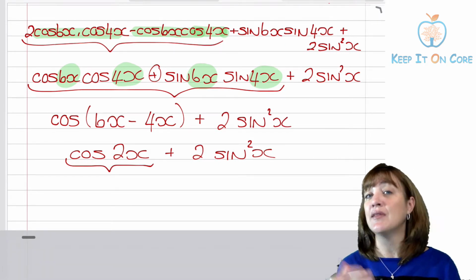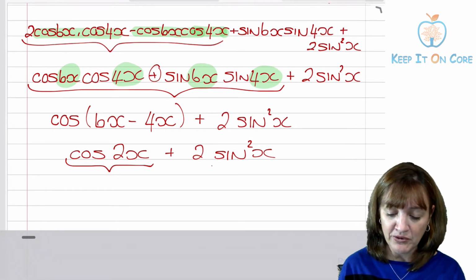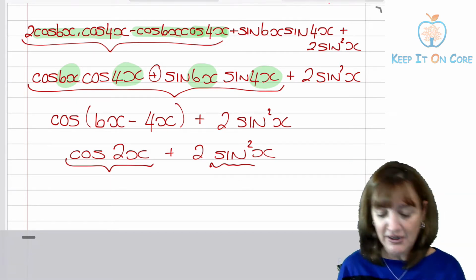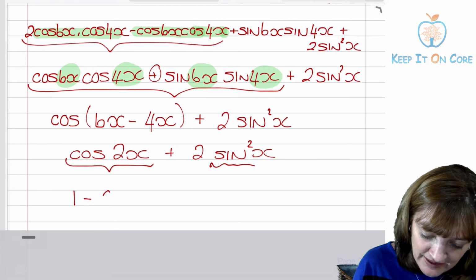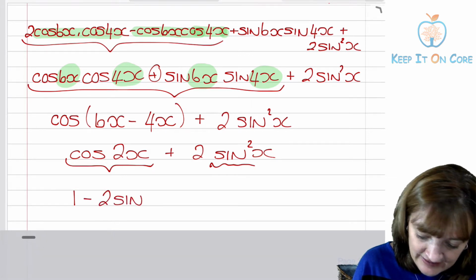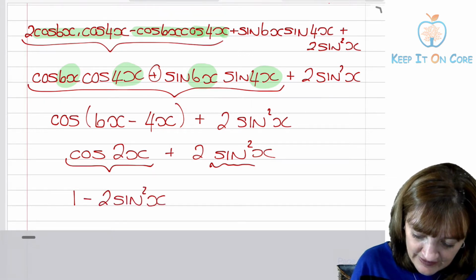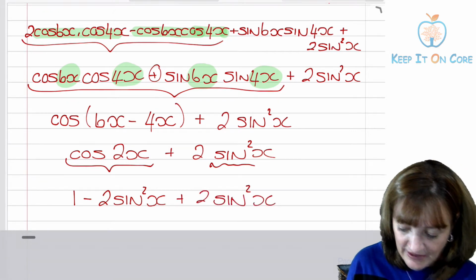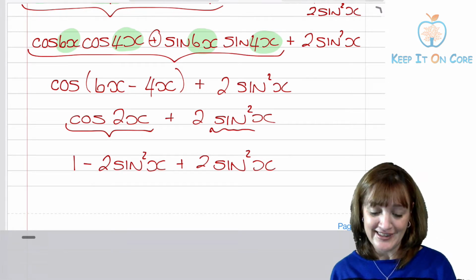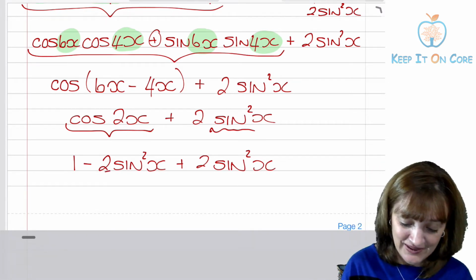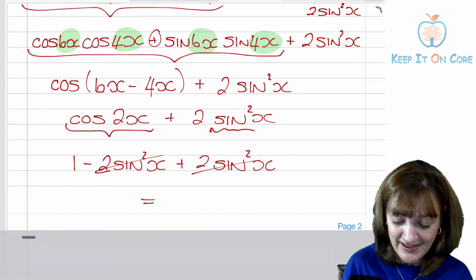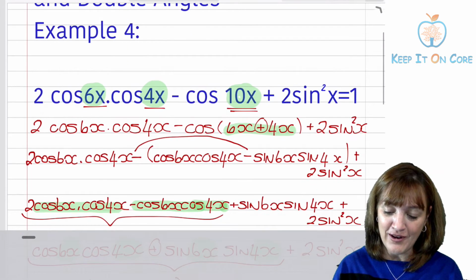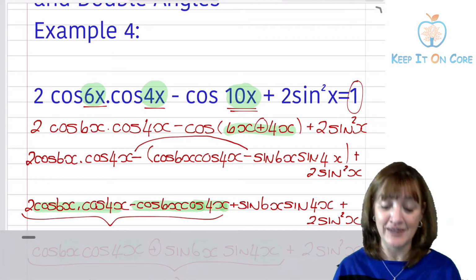Remember, there are three possible identities, but because we've got a sine squared x over there, it pushes me in the direction of using the identity 1 minus 2 sine squared x, and then you've got this plus 2 sine squared x. And look what happens. Minus 2 sine squared x plus 2 sine squared x cancel each other out, and we're left with 1. Who would have thought? So all of that simplifies down to just your value of 1.